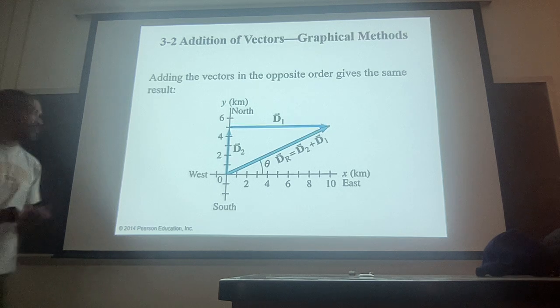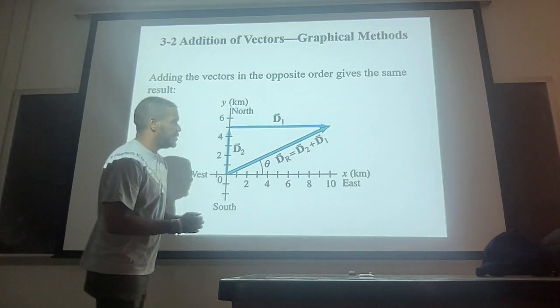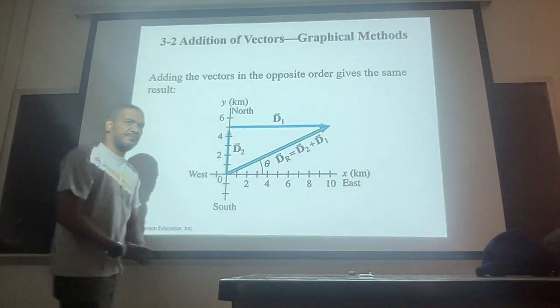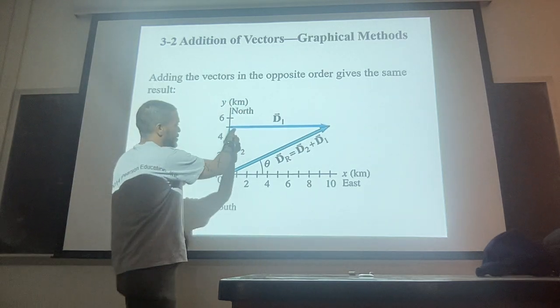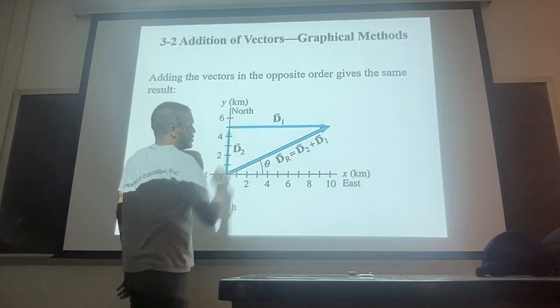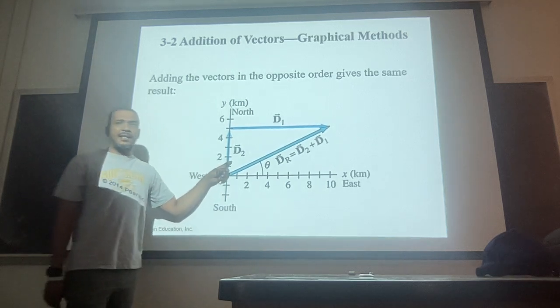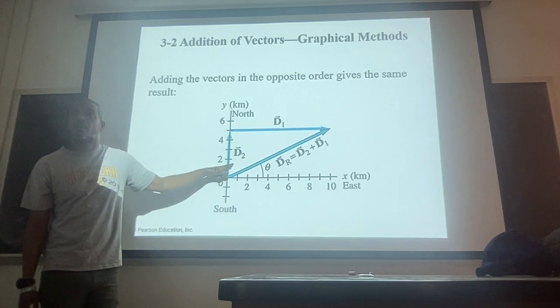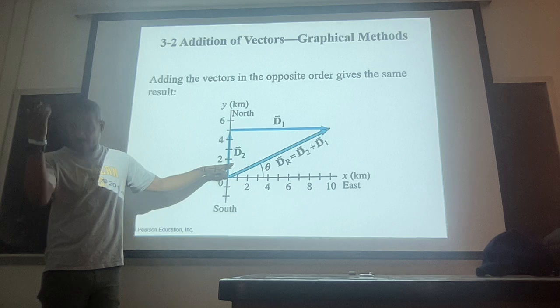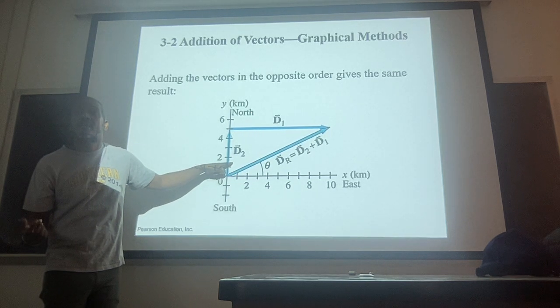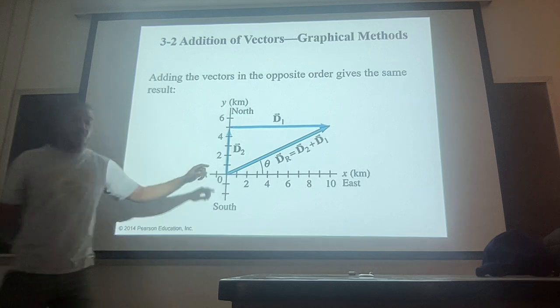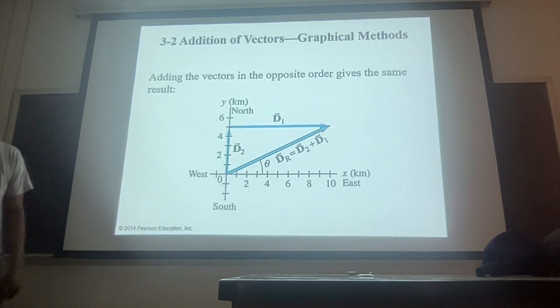So this is just showing you also tail to tip. This is also the tail to tip, right? Only in this instance, I added the second vector. Somebody? What was the difference? What's the difference between this one and the last one I just showed?